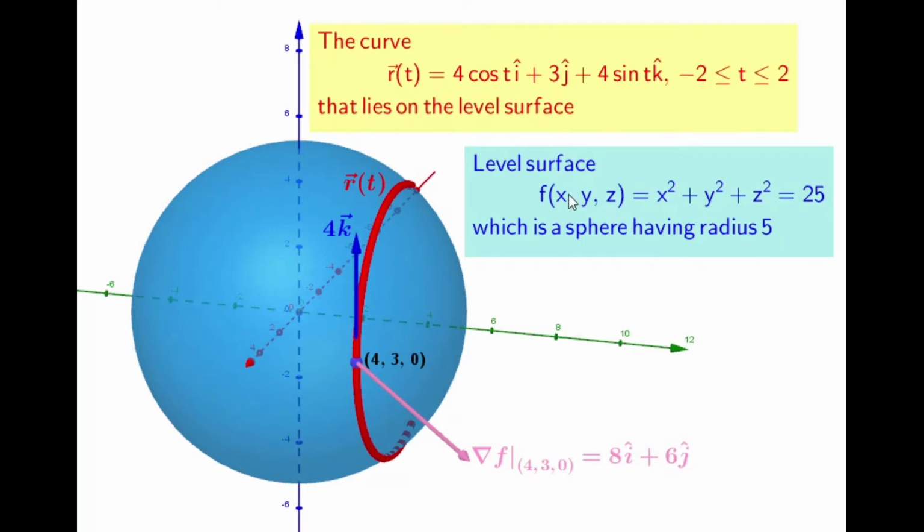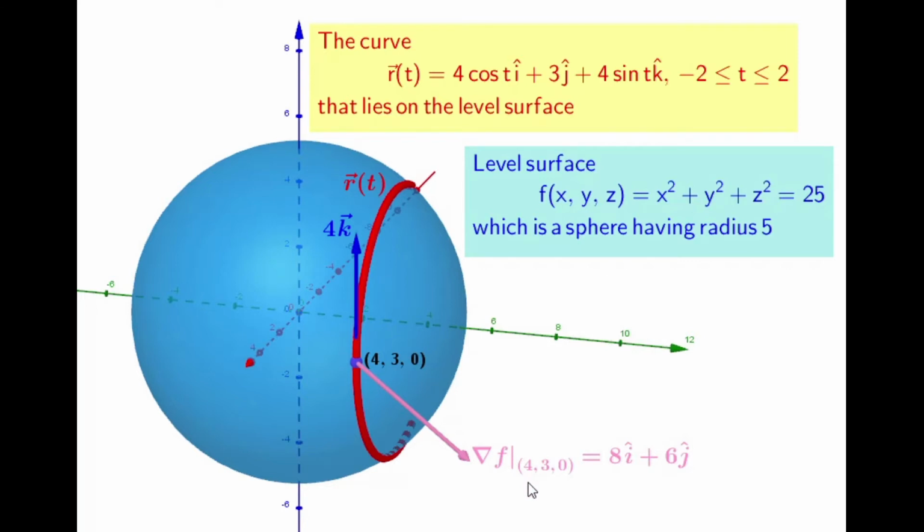Also we find gradient of f. Gradient of f is the partial derivative of f with respect to x i plus partial derivative of f with respect to y j plus partial derivative of f with respect to z k, which gives 2x i plus 2y j plus 2z k, which when we evaluate at the point (4, 3, 0) by substituting x is equal to 4, y is equal to 3 and z is equal to 0 gives 8i plus 6j.